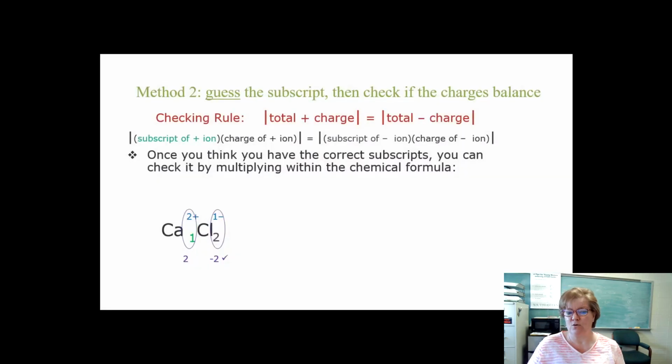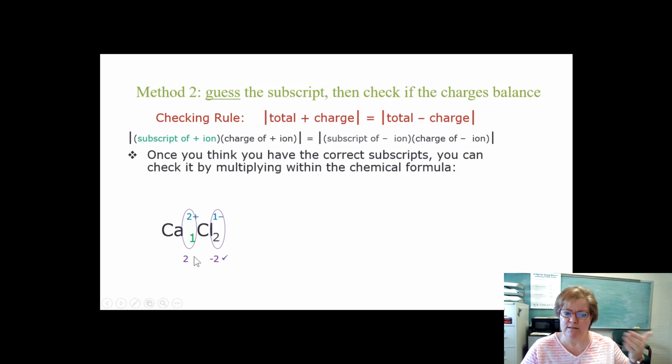So another way to do it is to write down the chemical with the charge. I have to figure out what charges they make from their position on the table, and then use that and just take a guess at what subscript it might be. So I put the cation first and the anion next and just take a guess. And when I take a guess, to make sure that it is all neutral and the positive charge cancels out all of the negative charge, I can check by taking the charge times the subscript.